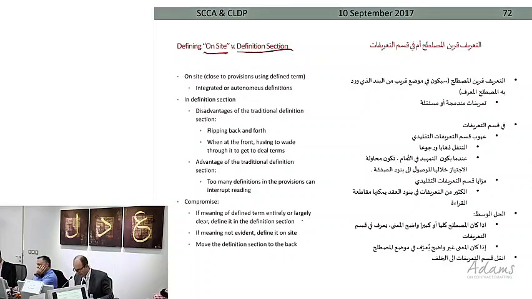If the meaning of a defined term is entirely or largely clear, put it in the definition section. By entirely clear, I'm referring to defined terms for government agencies, defined terms for statutes, a defined term like GAAP, generally accepted accounting principles, basically defined terms that anyone who reads your contracts should know the meaning of.